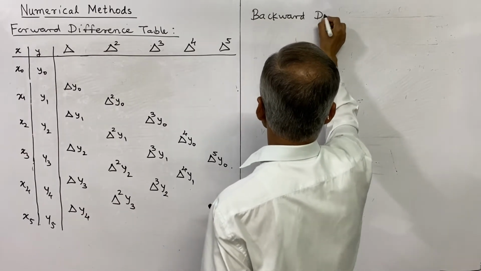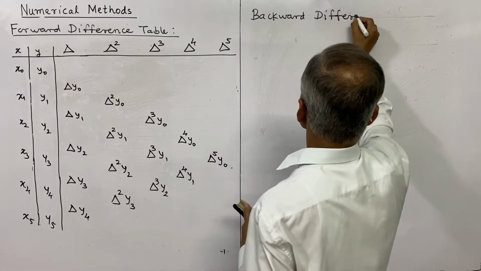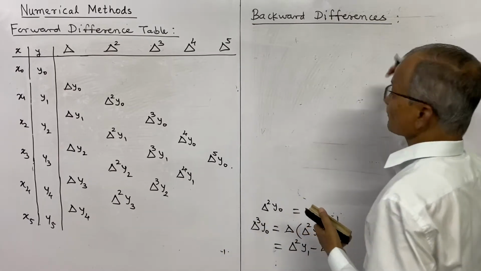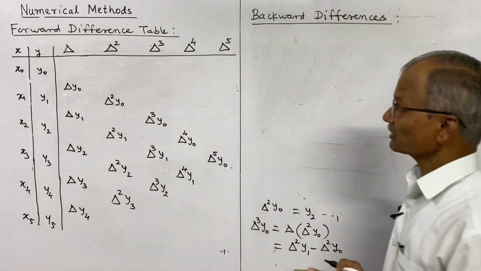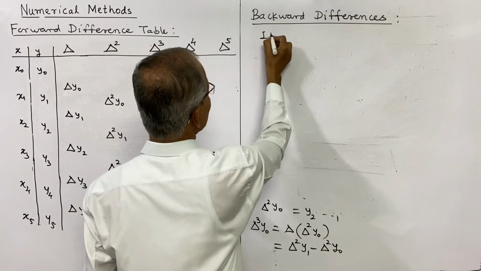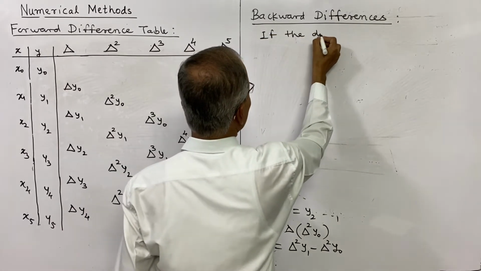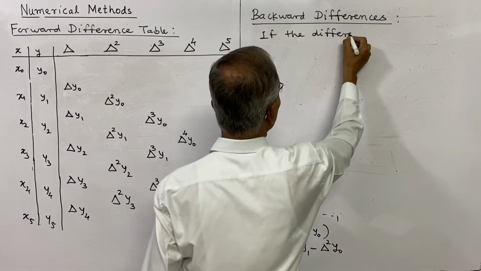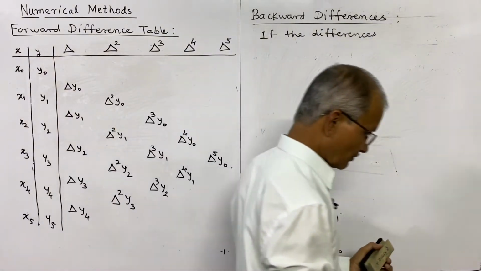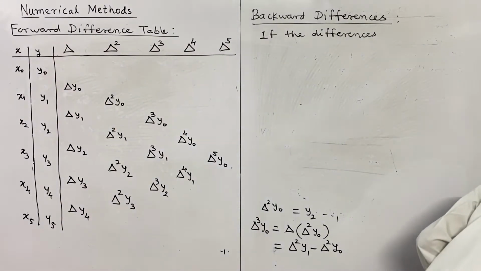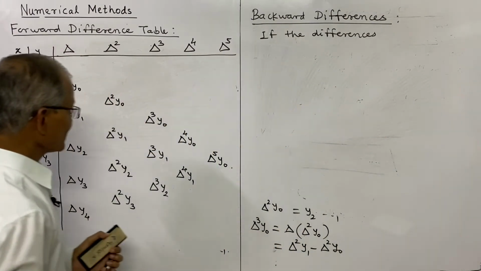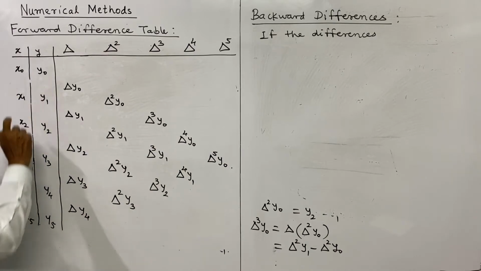These are the backward differences. We consider the same differences in the values of y, the same difference meaning y1 minus y0.